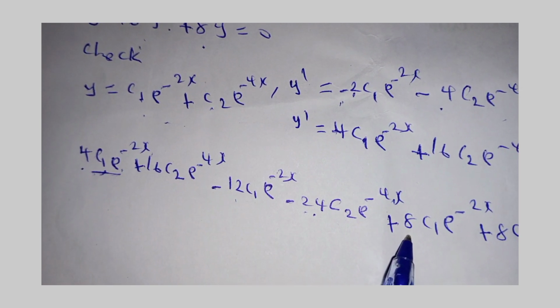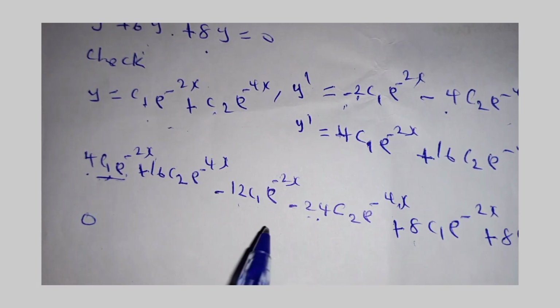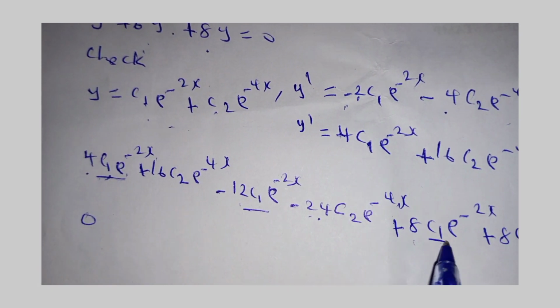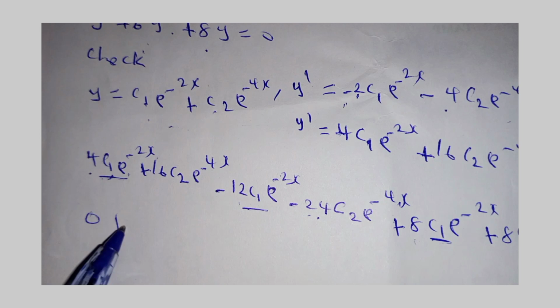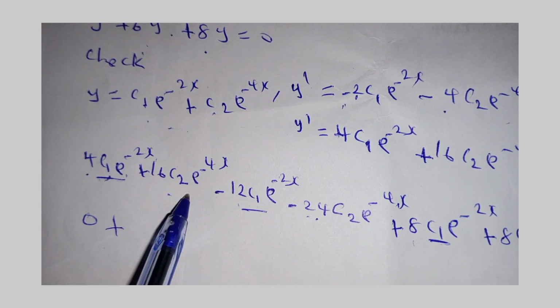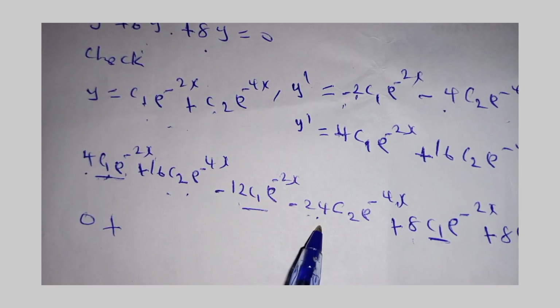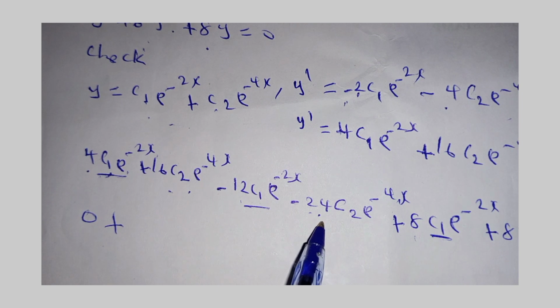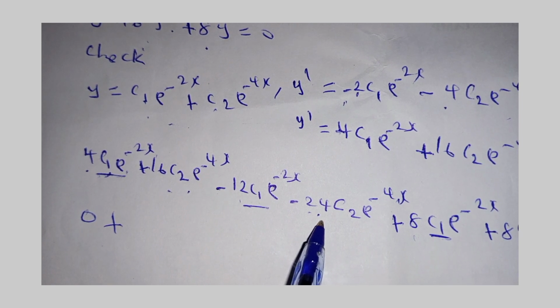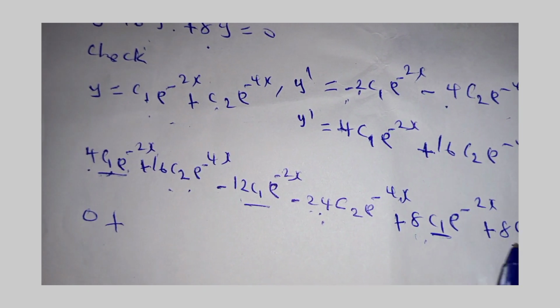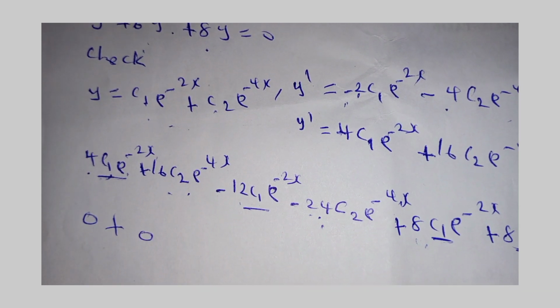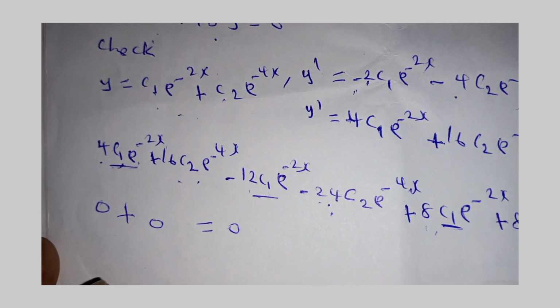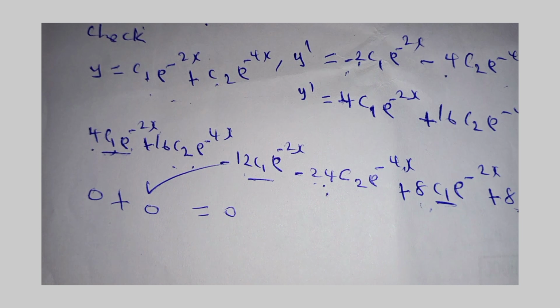Negative 8 plus 8 will give you 0. So we are done with the c1 terms. Then you have 16c2 minus 24c2, which gives you negative 8c2, and this 8c2 here gives you 0, which is equal to 0, meaning that our working is correct.